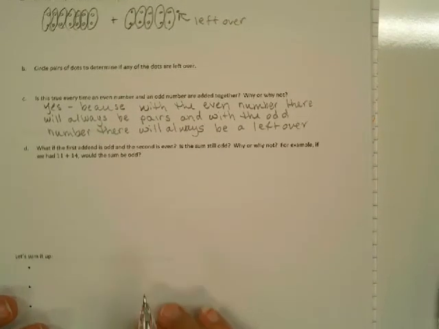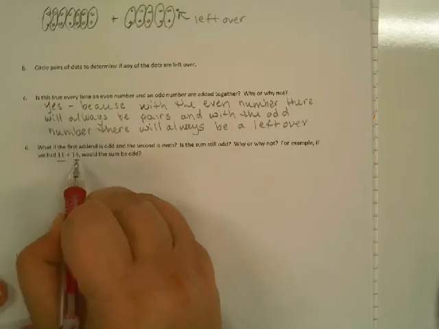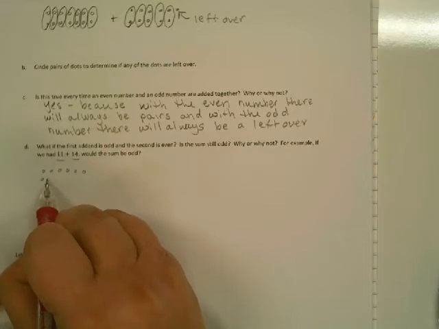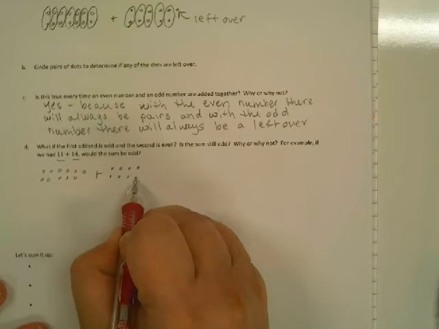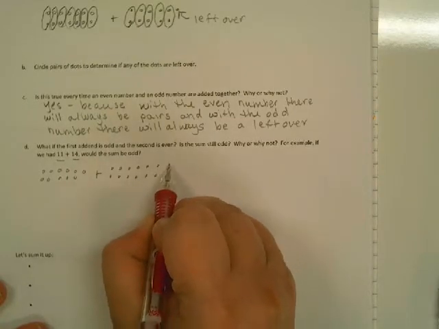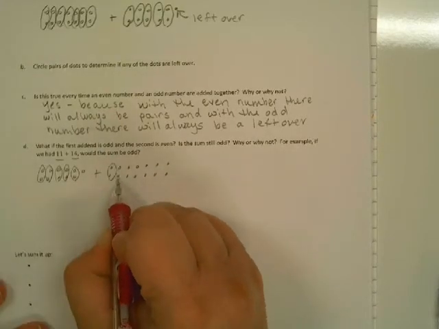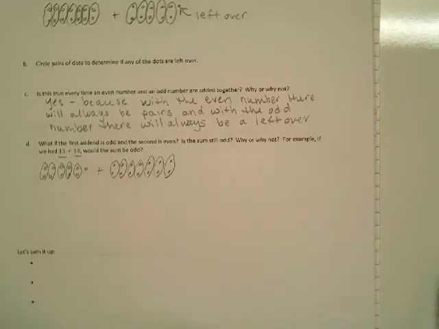So it says, what if the first addend is odd and the second one is even? Is the sum still odd? So if we have 11 and 14, you can see that it will give you the same result, because we know it doesn't matter which order you add numbers, you get the same result.